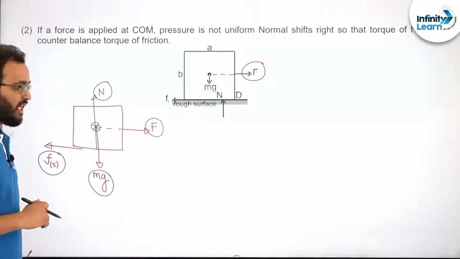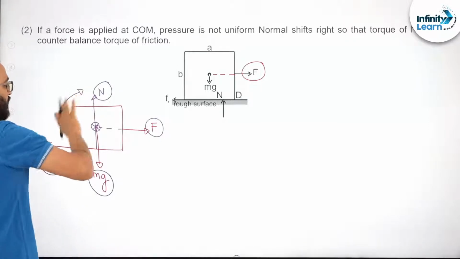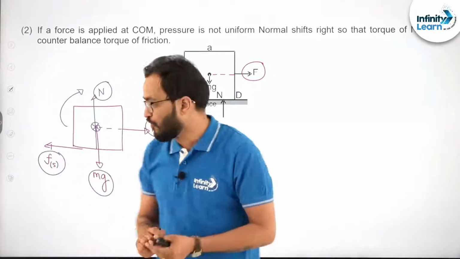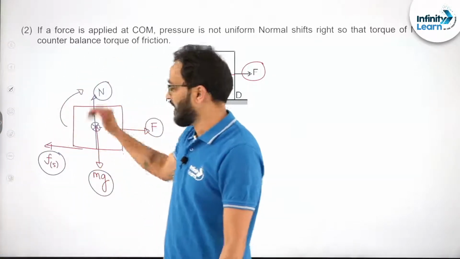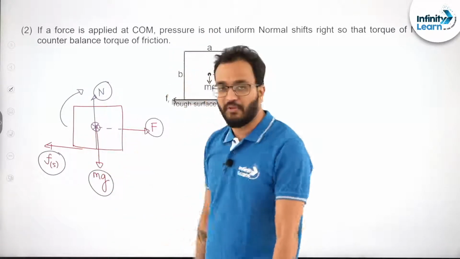If there is a torque of static friction, then this body will topple like this. Can you understand? This static friction is trying to give a torque in this direction, and the body might topple.